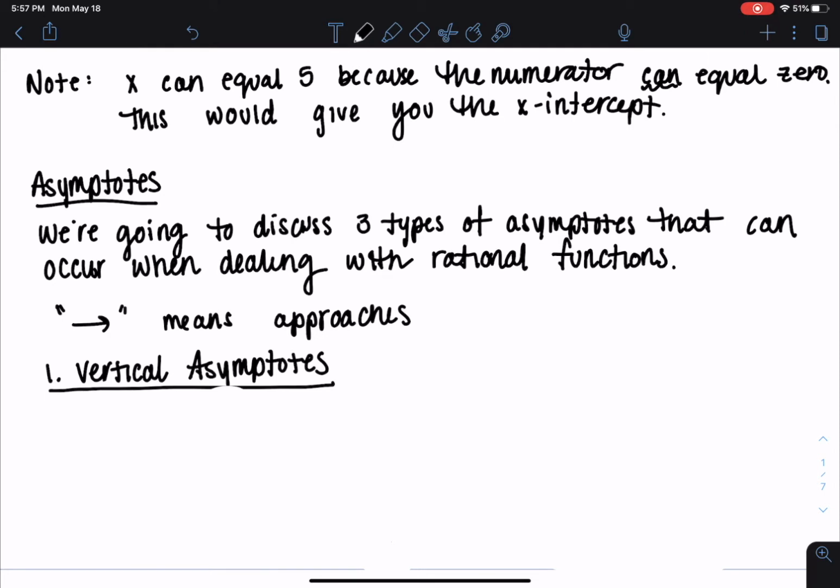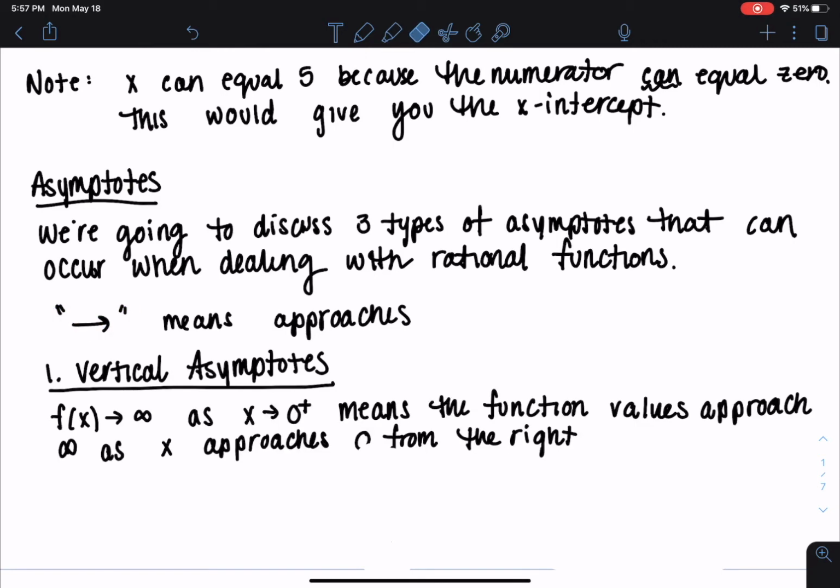Okay? So now we're going to discuss 3 types of asymptotes that can possibly happen when we deal with these rational functions. Something we're going to use pretty frequently is this arrow, which means approaches. So if we think of the statement f of x approaches infinity as x approaches 0 from the plus side, this means f of x approaches infinity as x approaches 0, and this plus means from the right.